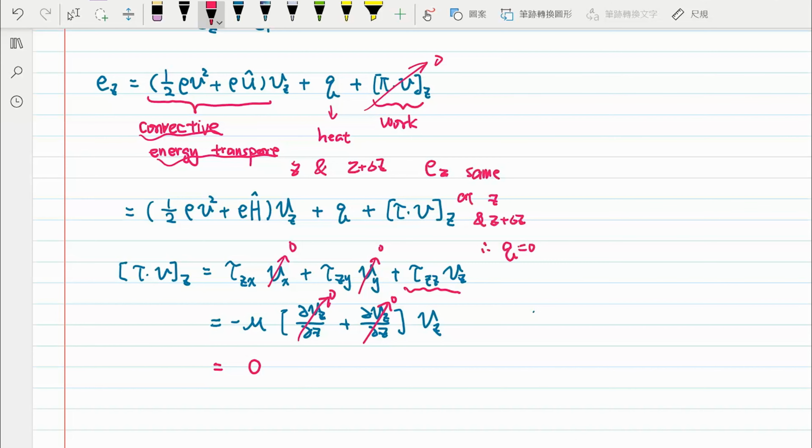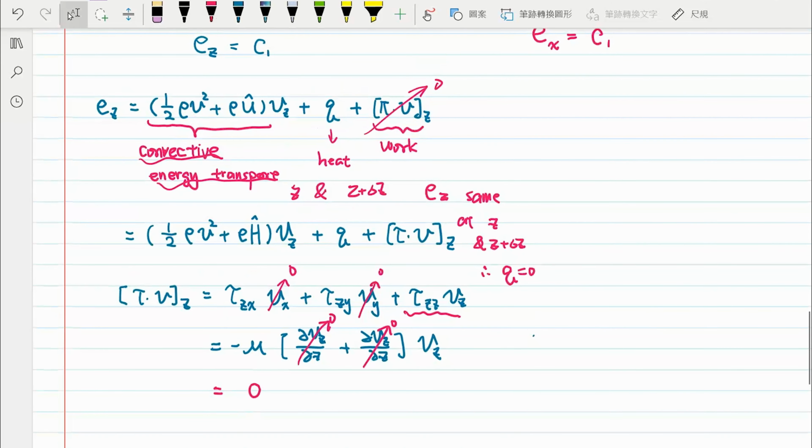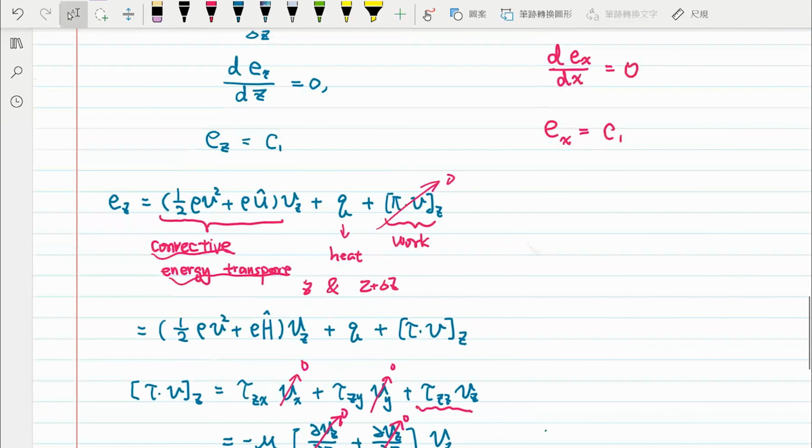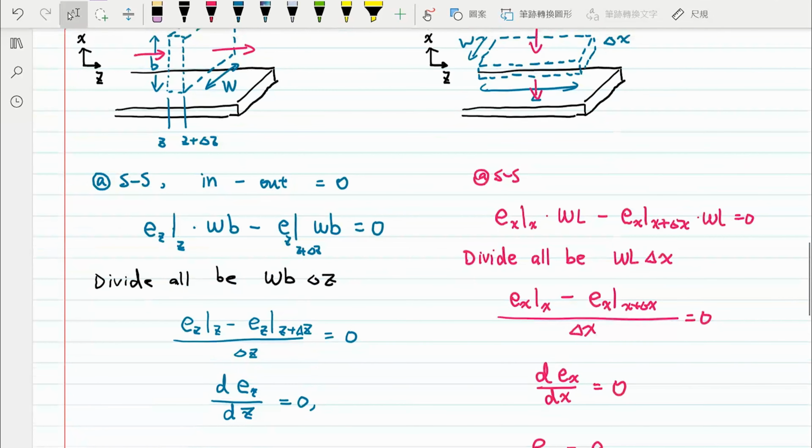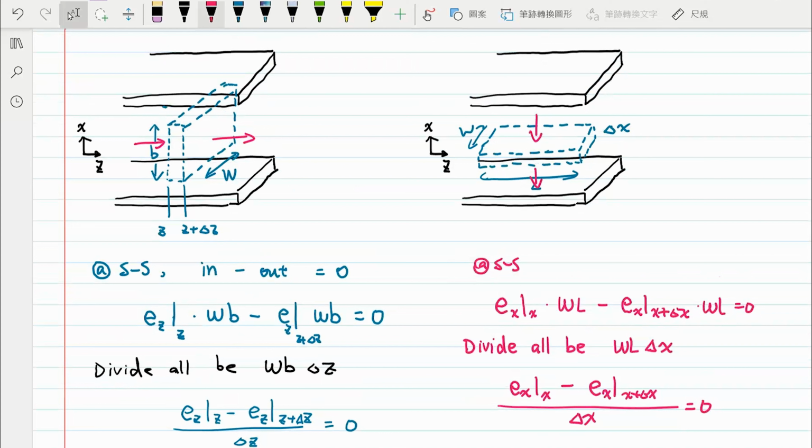Okay, so after doing the analysis here, we can know that, let me erase this because I'm going to use the other part for the x direction. We can do our energy balance with a shell defined like the left hand side, but that's going to lead us to nothing because there's no energy transport actually occurring in the z direction.